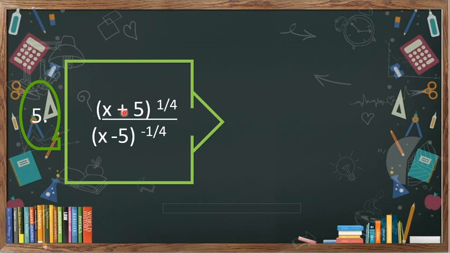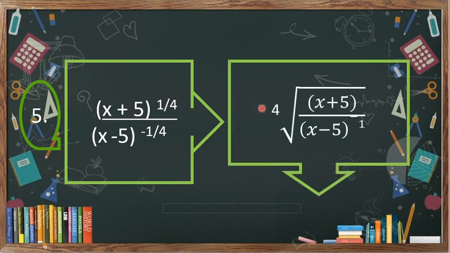x plus 5 raised to 1/4, x minus 5 raised to 1/4. Again, since they have the same denominator, they also have the same index. And then this one is a negative exponent. Negative exponent means reciprocal. x plus 5 will remain above.